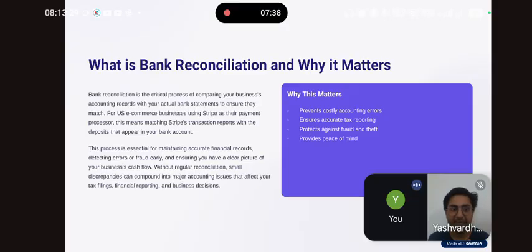So the passbook says you have $2,000, but Chinti Limited's own account says you don't have $2,000. So where did the money go? This is where the bank reconciliation statement is used.